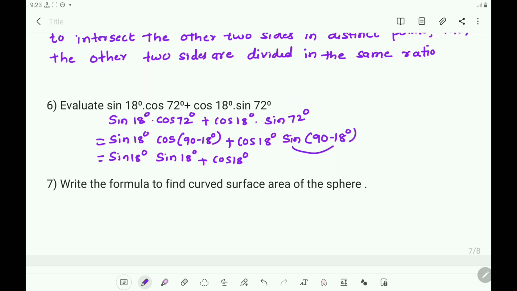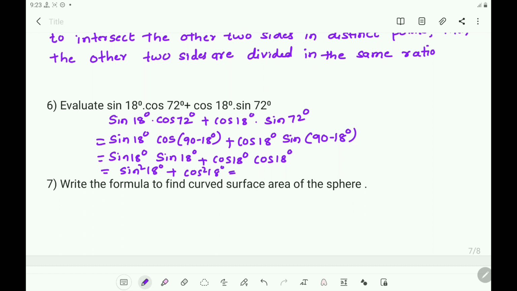Then sine 90 minus 18 is cos 18 degree. Then sine 18 becomes sine square 18 degree plus cos 18 becomes cos square 18 degree.